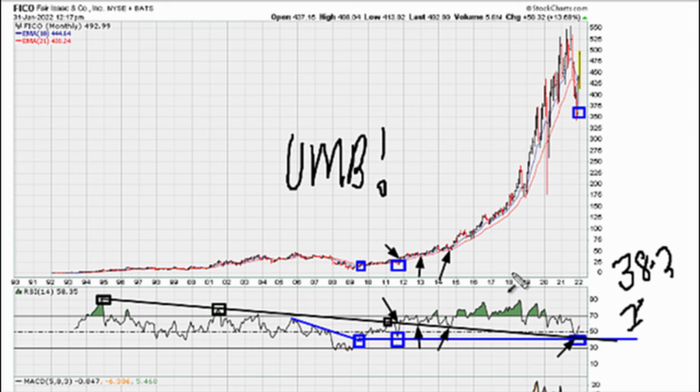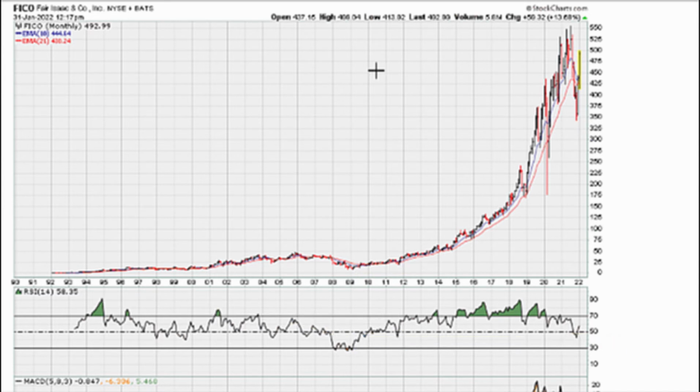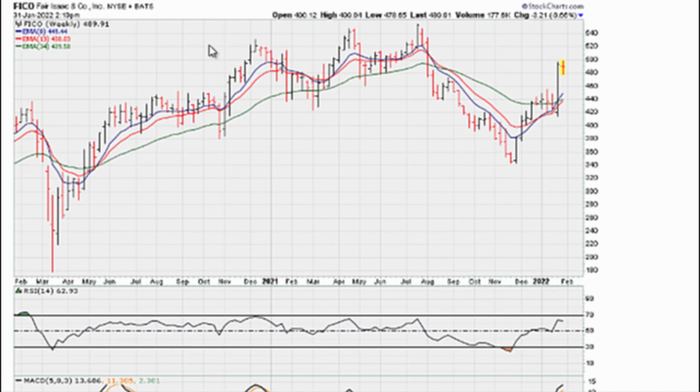So that's where I would propose the bounce came from during the lows right here of late 2021. So if stocks that you own or are interested in are about to recover, I would also take a look at the monthly chart and look at the RSI and see whether you can understand if there's a bounce taking place based on the methods that I discuss.